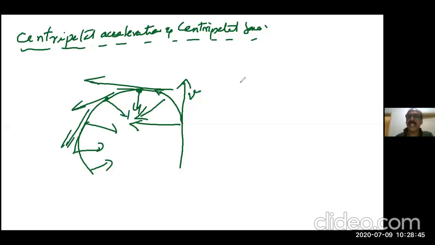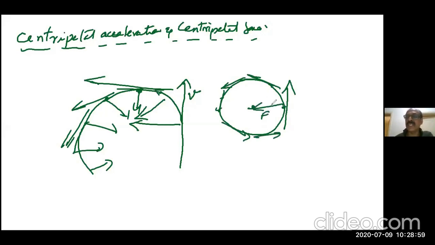That means in circular motion, at every instant the object has the tendency to go along the tangent. That means its linear speed is along the tangent. But there is always a force acting toward the center that makes it turn everywhere. This force acting toward the center, causing a change in velocity, is known as centripetal force.